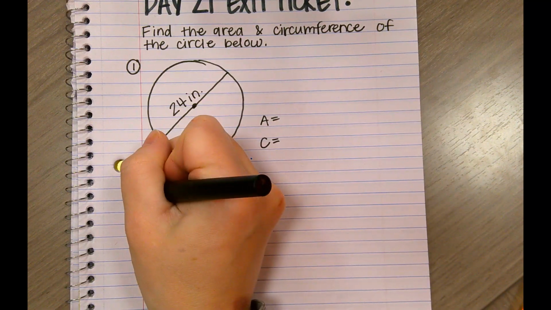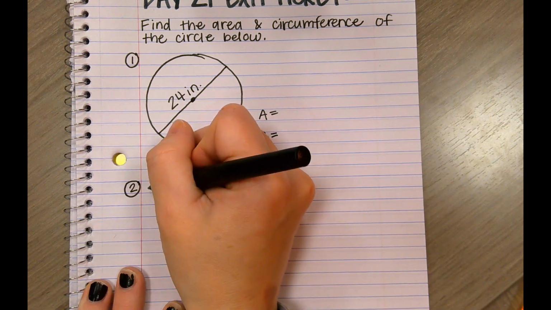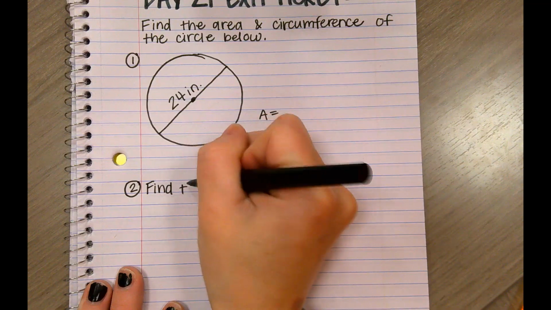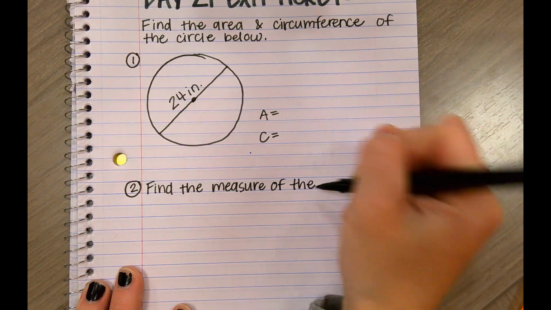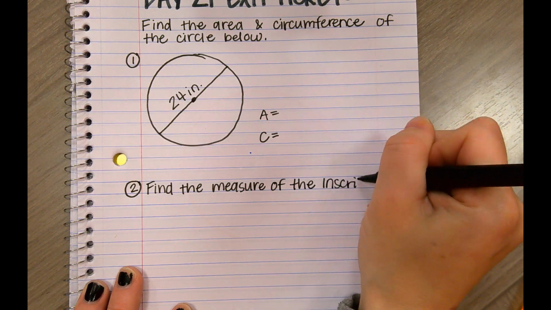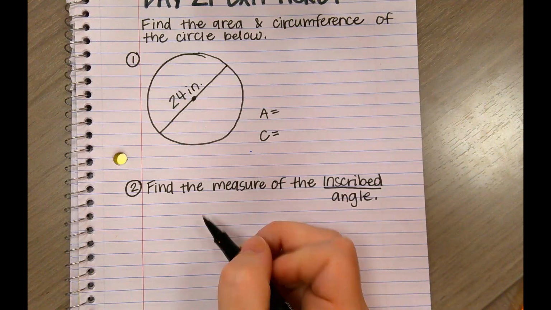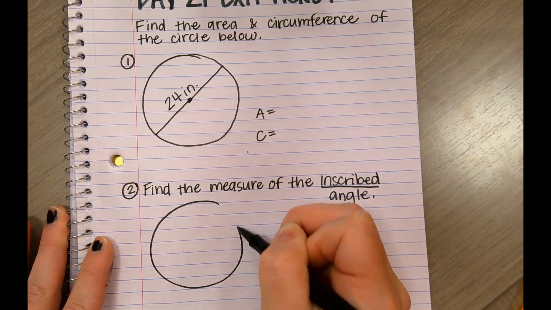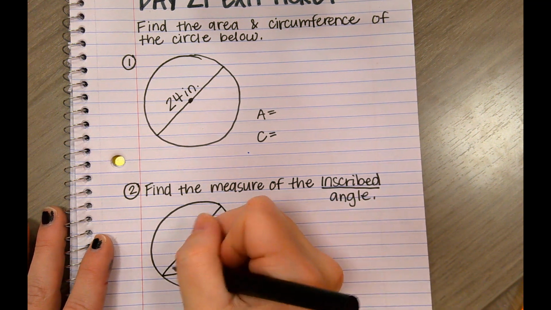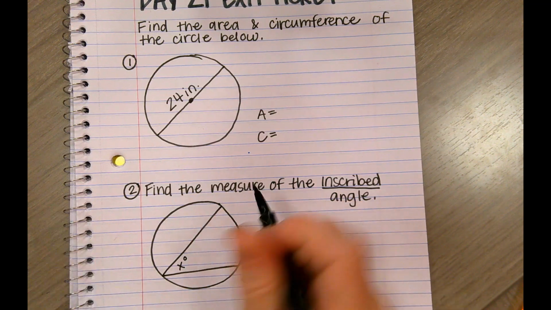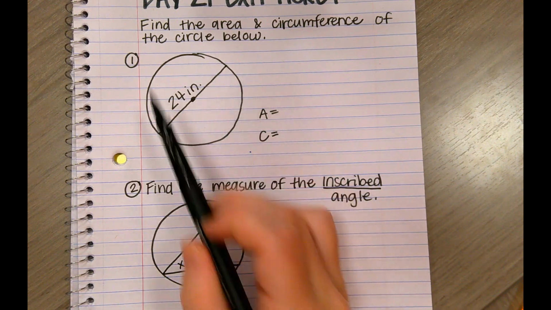Okay, and 2. So for number 1, you're going to find the area and the circumference for this circle.